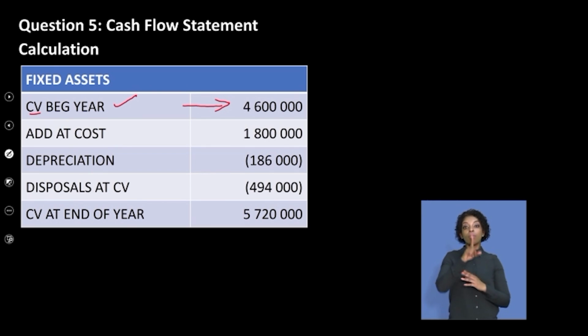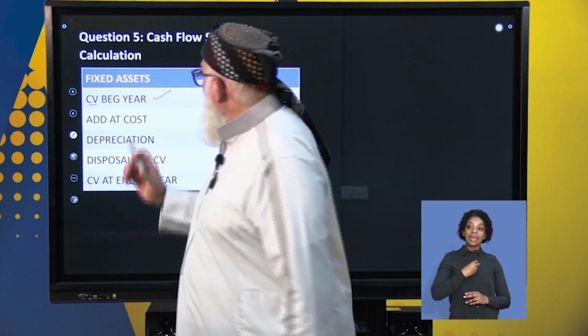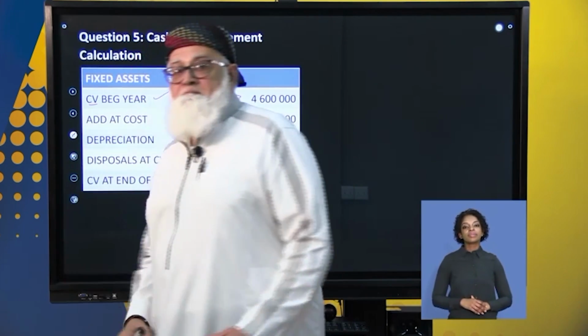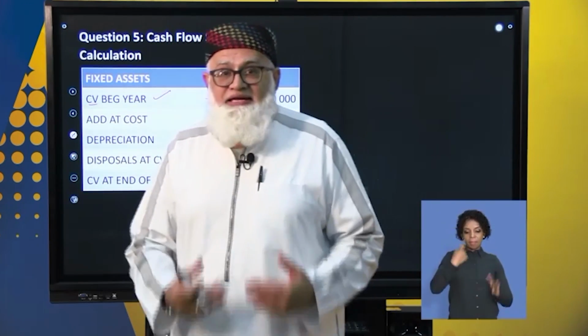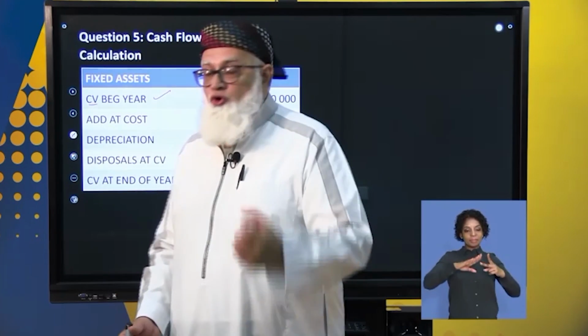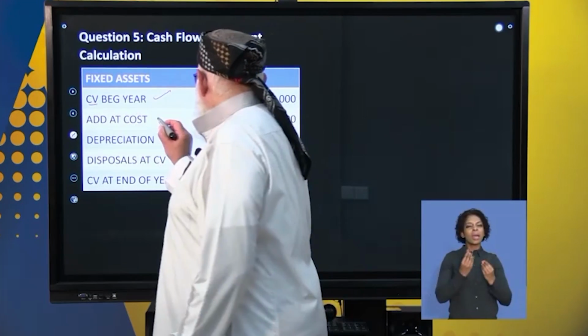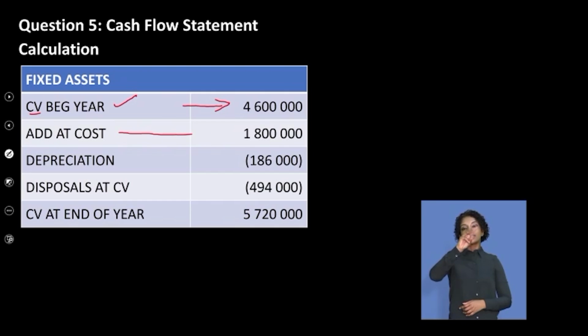Remember, I'm putting information that I have. Then I also know that I purchased additional land and buildings to the value of 1,800,000. There's my additions at cost. Okay, now don't take for granted that it's always an addition at cost.